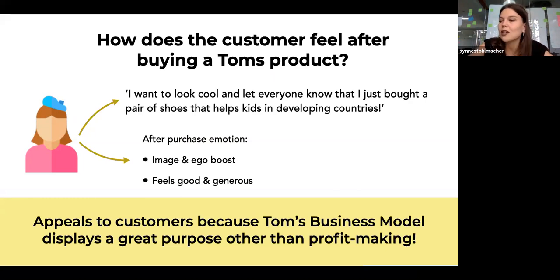So you can think about the customer who wants to look cool, and also wants to let everyone know that they just bought a pair of shoes that helps kids in developing countries. After a purchase, you might feel an image and ego boost, and it also feels good to be generous because you know that you're giving back. So this appeals a lot to customers because Tom's business model displays a great purpose other than profit making.